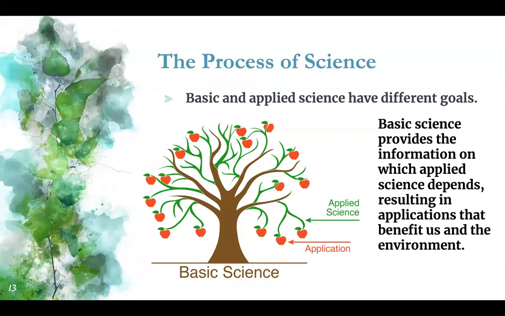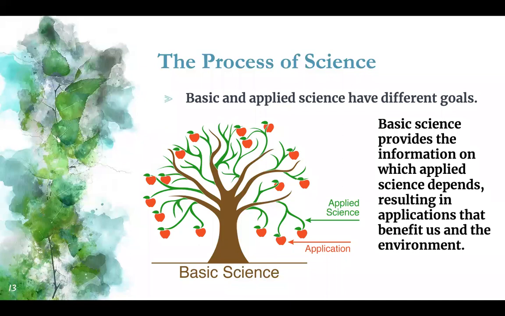Now, the combination of basic and applied science gives you that application. So the example that the book gave, which I really liked, was, again, going back to DNA. Basic science taught us about the structure of DNA and how it carries genetic information.